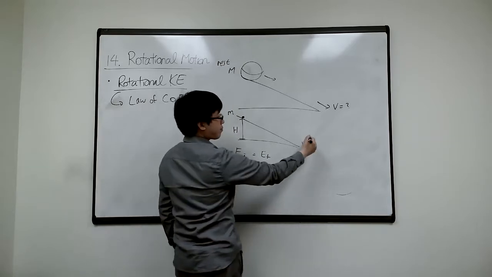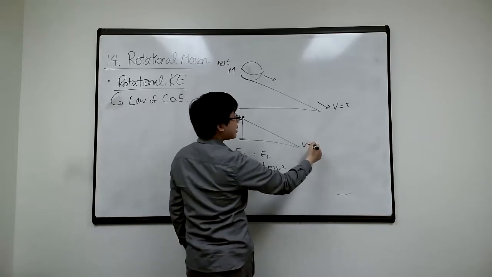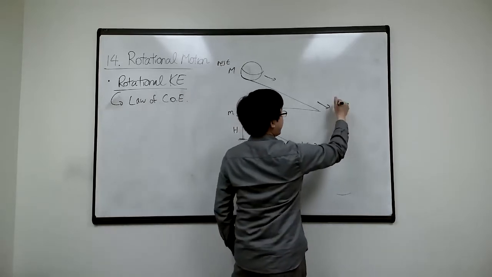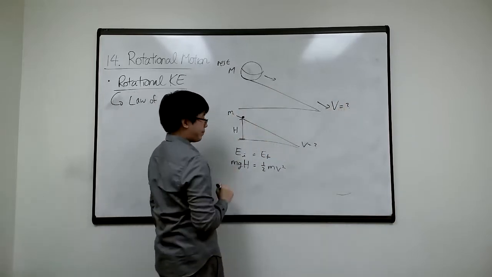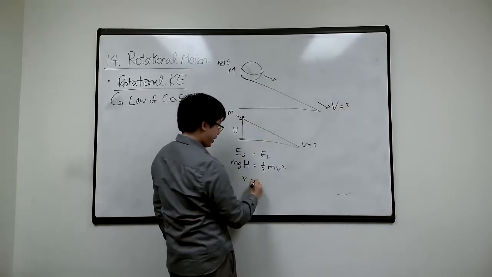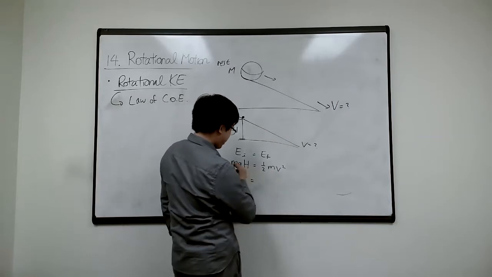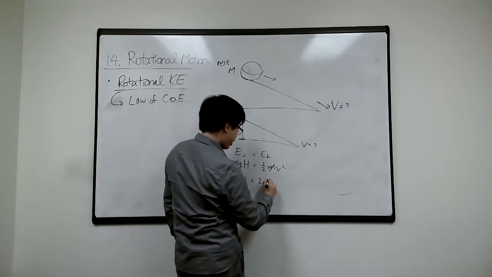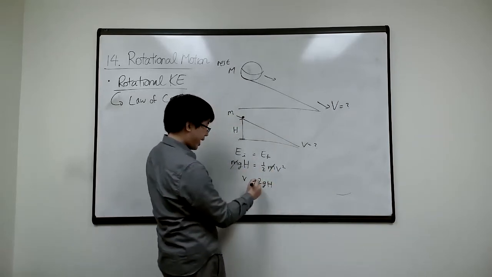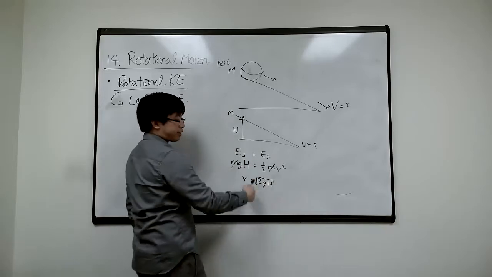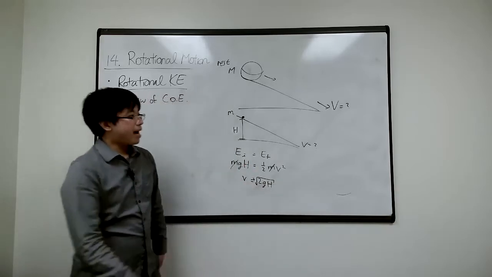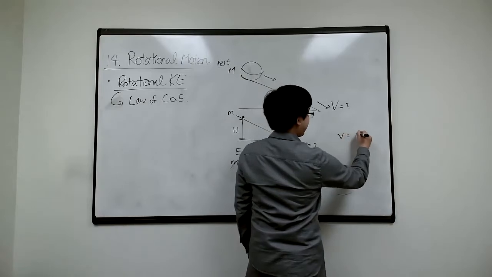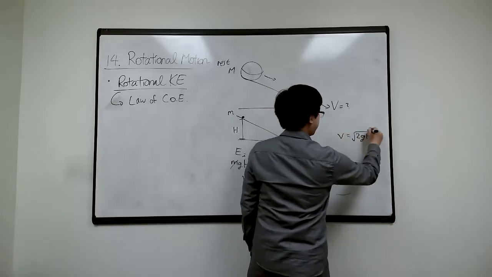Let's call this capital V for the big ball, so we differentiate them. Little v is very easy: the m's cancel, so v equals the square root of 2gh. I'm talking about speed, so I choose the positive square root. Keep that in mind. For this, the answer is the square root of 2gh.